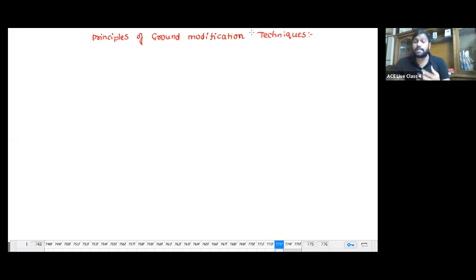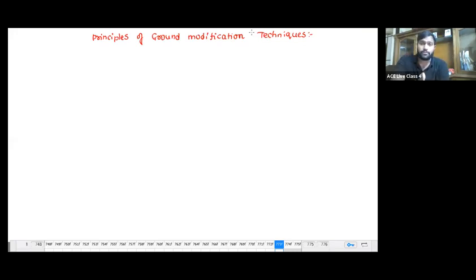Now, once I know the properties and I'm going to construct a structure: if the soil is good, with good bearing capacity, good strength and less compressibility, then I don't need to worry. I can directly construct the structure on the soil mass, because I know the soil will be able to take the load.